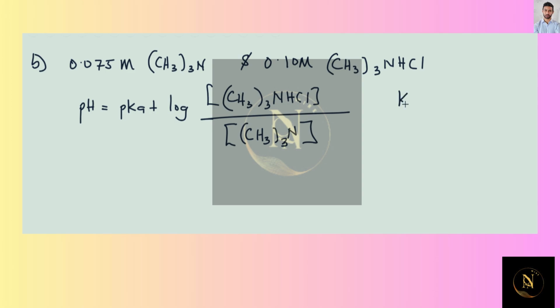The Kb for (CH3)3N is 6.4 times 10 raised to the power minus 5.